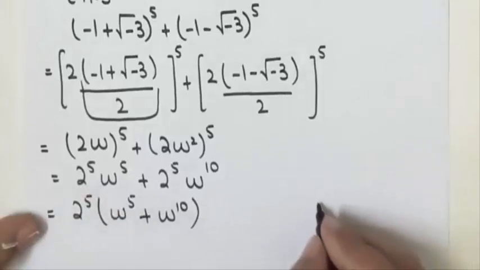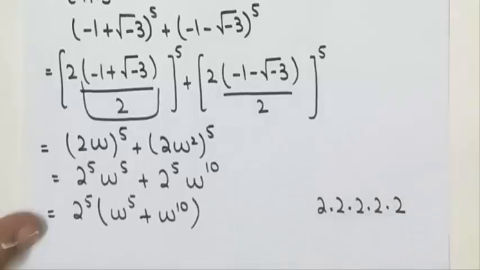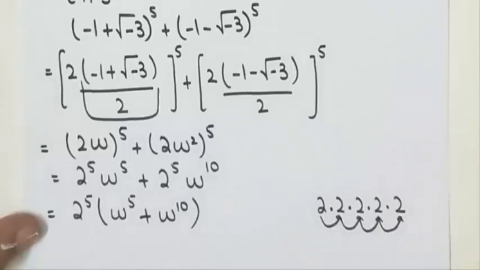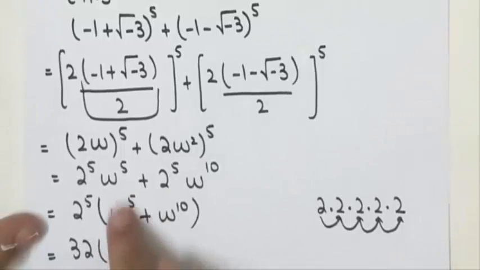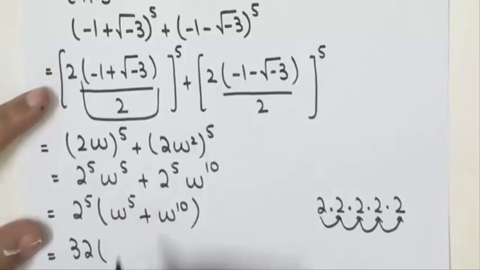Now 2 raised to power 5, which means we will multiply 2 five times. So 2 times 2 is 4, 2 times 4 is 8, 2 times 8 is 16, and 2 times 16 is 32. Now we can split these powers of omega as well.